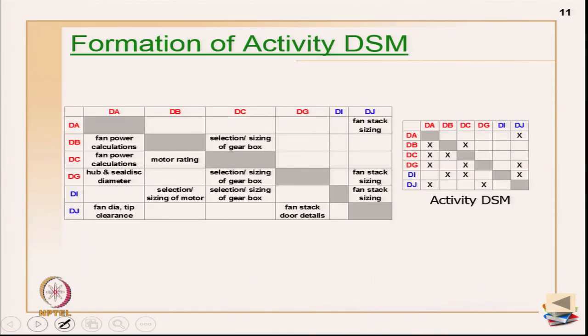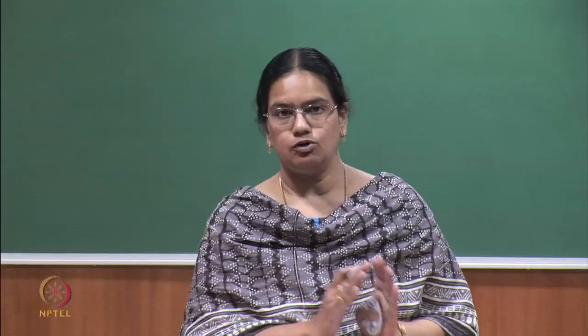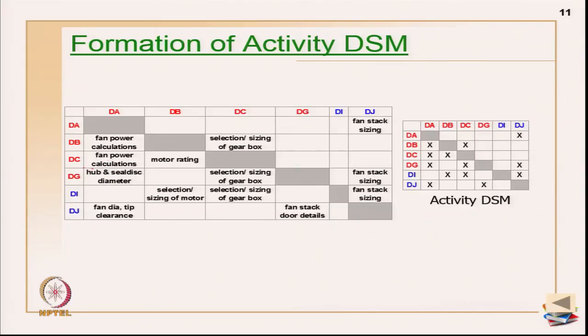Now, I have got the same matrix, I have shown it here. Once you take it to validation, it is easy for somebody to go through: fan power calculations, this is required here. So, it is easy for somebody to validate this matrix, and once the matrix is validated, then you replace it with X marks for your further calculations. So, formation of the activity DSM is really done.